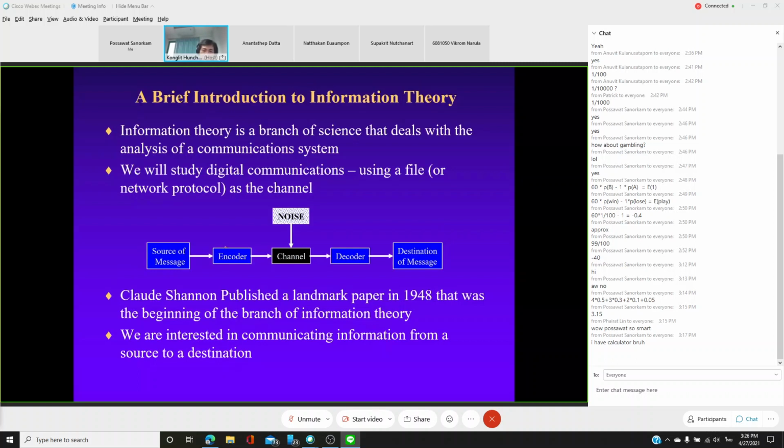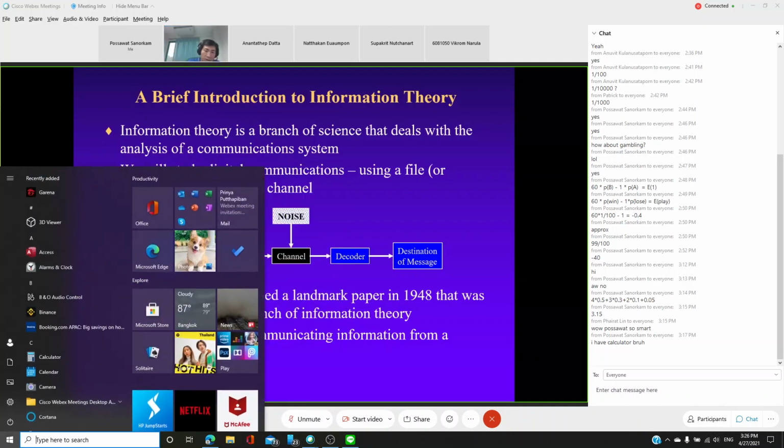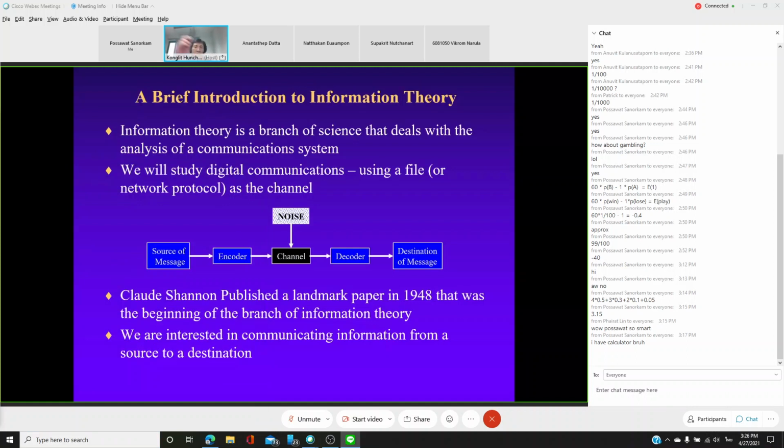Before we put things into the channel, there's some encoder. There are many types of encoder: source encoding, error control encoding. And before the destination, we have to decode. Anything we do at the transmitter, we have to undo at the receiver.